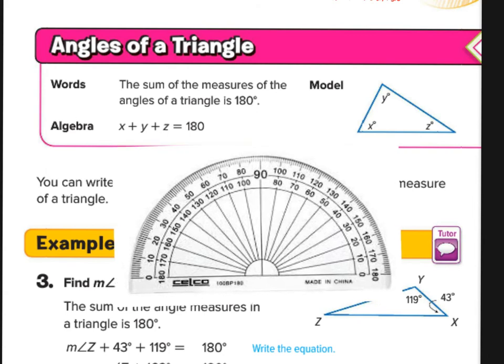Now, don't mind my drawing. It's not going to be perfect, but it would look something like that. So it makes the 180 degree turn all the way from this angle to this angle. And this is why angles X, Y, and Z when added equal 180.